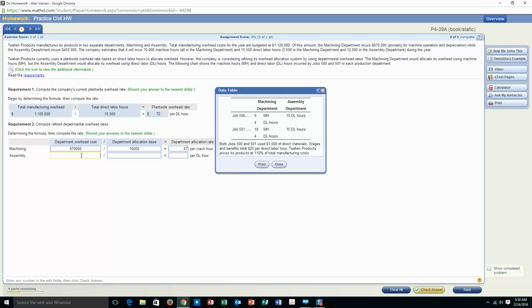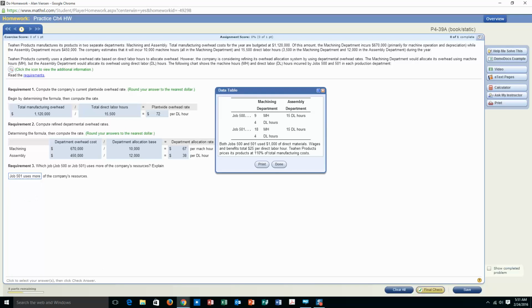Doing the same for the assembly department, $450,000. We have an estimated total of 12,000 direct labor hours, and so our assembly department has an overhead rate of $38 per hour.